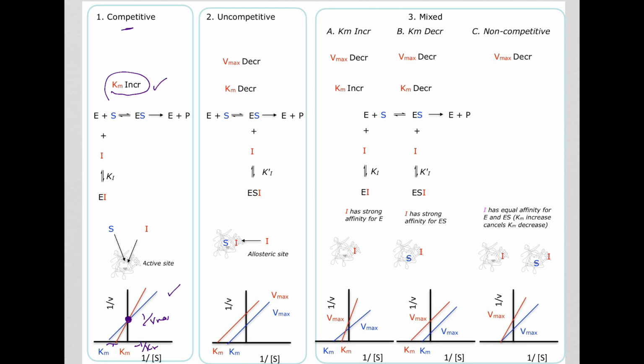So the Km is increased, and remember this is reciprocals. As we go to lower and lower values, that means the Km is increasing and increasing because these are reciprocals. So just keep that in mind, and you should be able to interpret the Lineweaver-Burk plots.